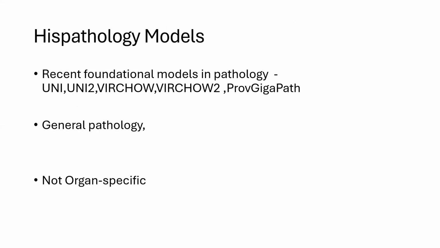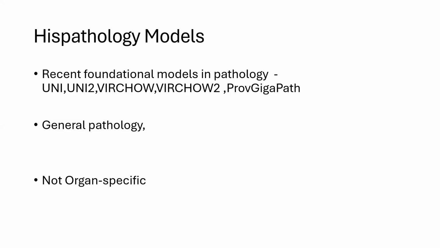And some of the models already showing up in histopathology are Uni and Uni 2, Virchow and Virchow 2, and Prov-GigaPath. Prov-GigaPath is a huge model. But Uni, Uni 2, and Virchow 2 are the models which people generally fine-tune for better performance in pathology. But the huge disadvantage of these generic pathology models is that they are trained for different organs, but the tissue is inherently complex.